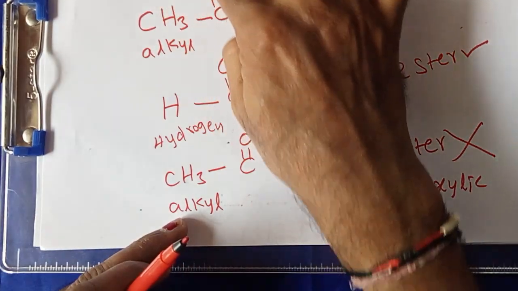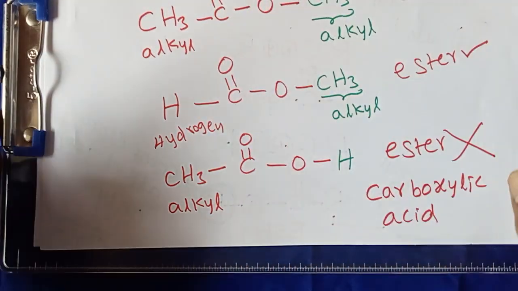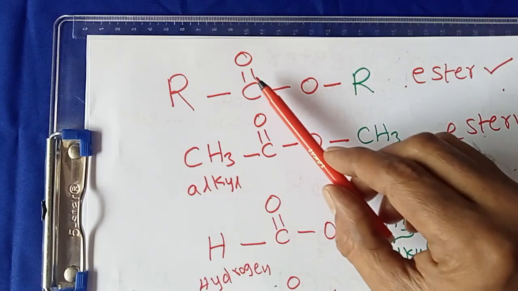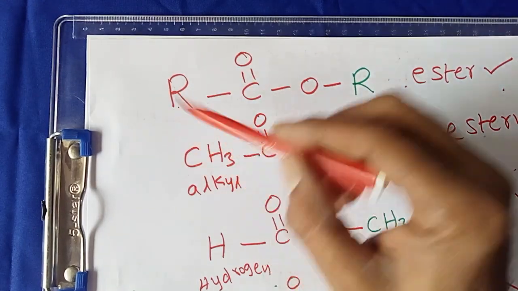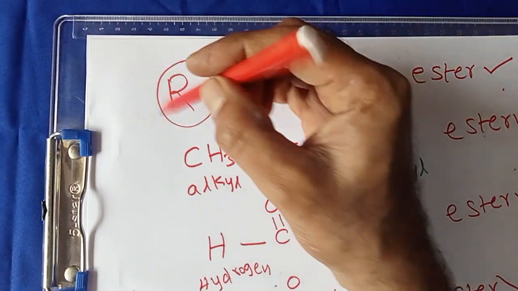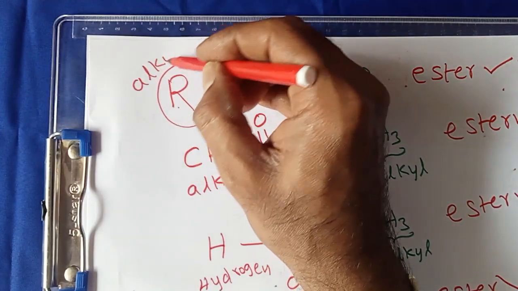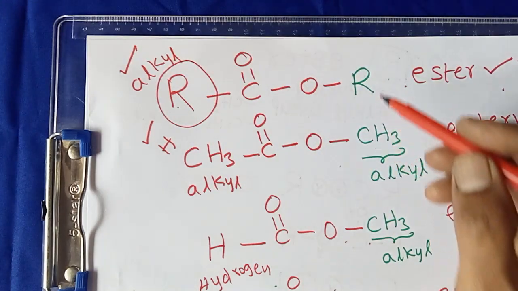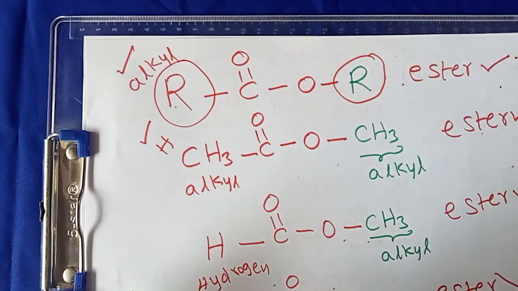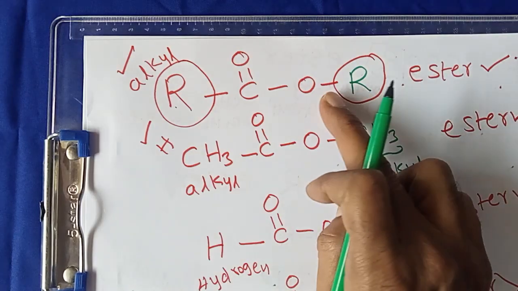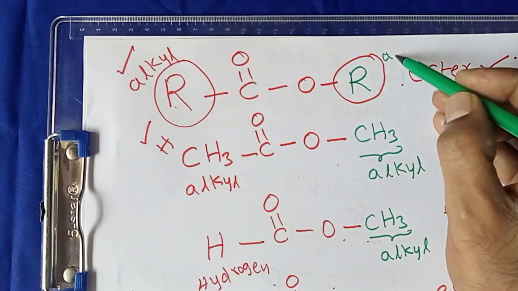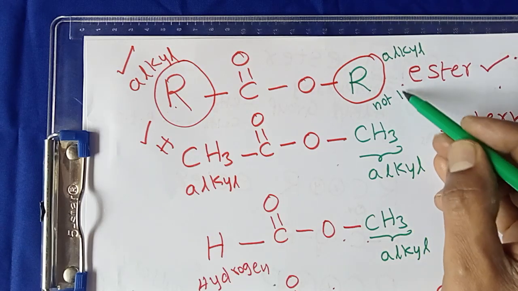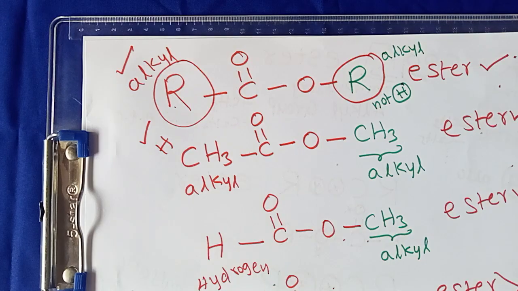But the alkyl group attached to C double bond O can be alkyl or hydrogen, no problem, that is ester. Alkyl okay, hydrogen also, both are allowed. But this R attached by a single bond must be an alkyl group only, not hydrogen.